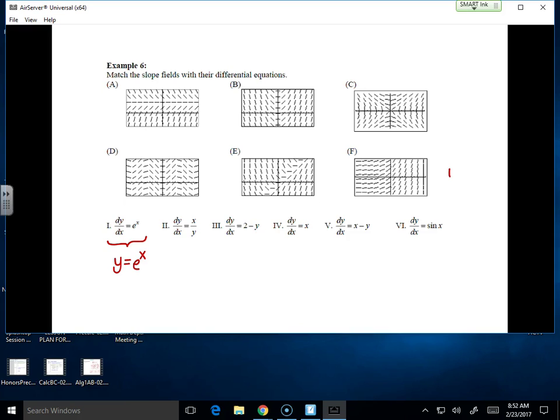F. Good. Because I can follow the flow and that looks awful e-ish. Who's someone else that you know the quick antiderivative for? Yeah, what's the antiderivative of x? 1/2 x squared. So if you know the antiderivative, maybe you can follow the flow. Who does that go with? Letter B, because that's going to be a parabola, right?